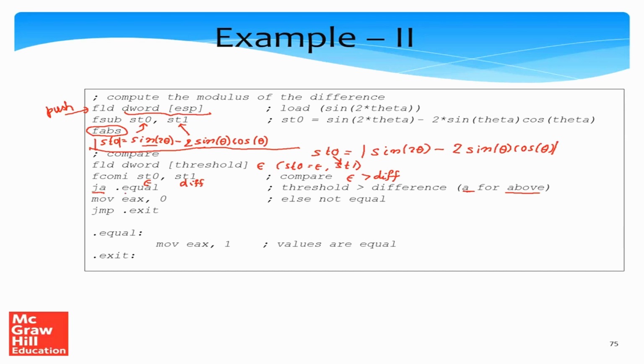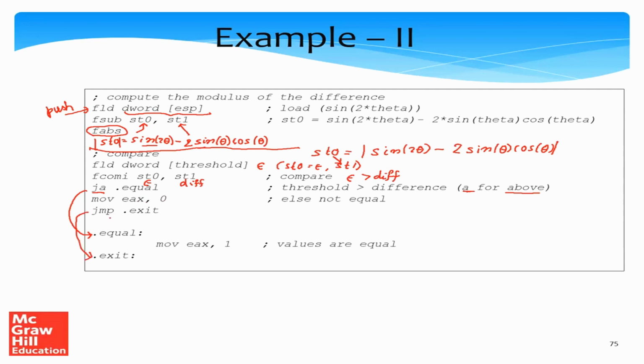If JA is true, we jump to dot equal. At this point, since we have found equality, that the difference is less than the threshold, we set 1 to EAX and we exit. Otherwise, we set 0 to EAX and then exit.